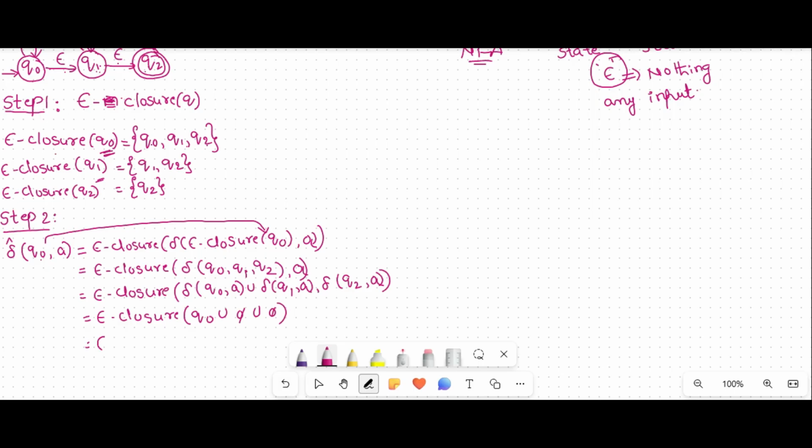So the epsilon closure of Q naught is Q naught, Q1, Q2.